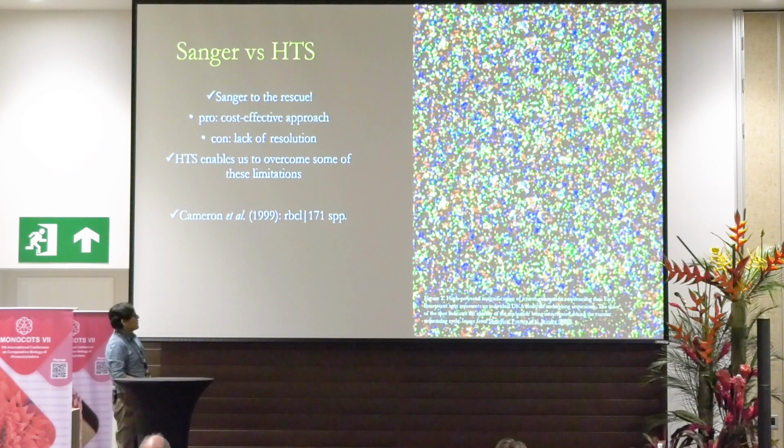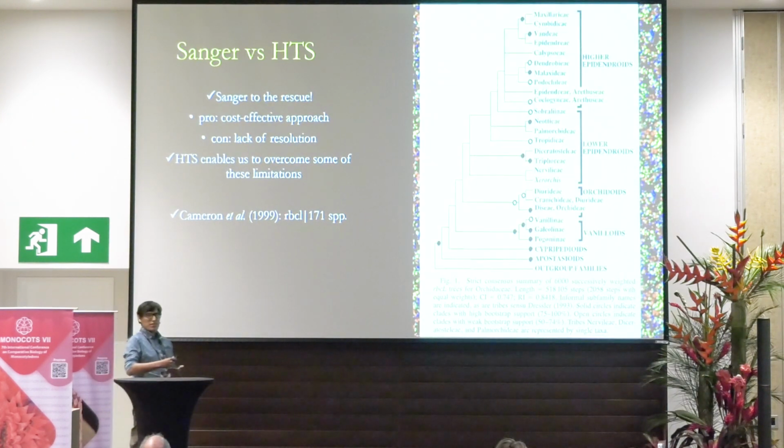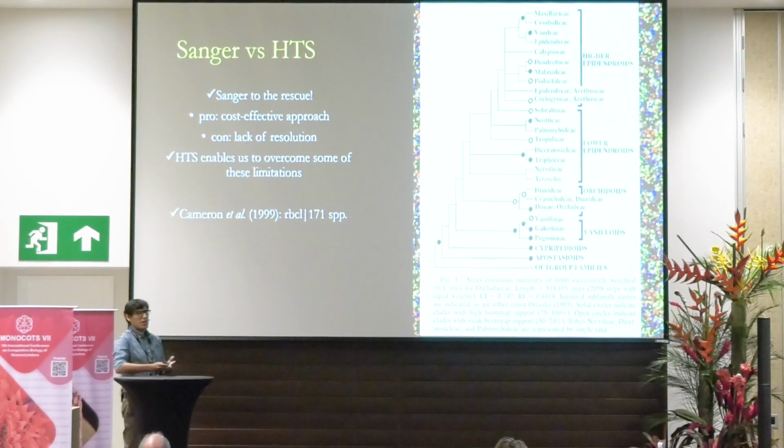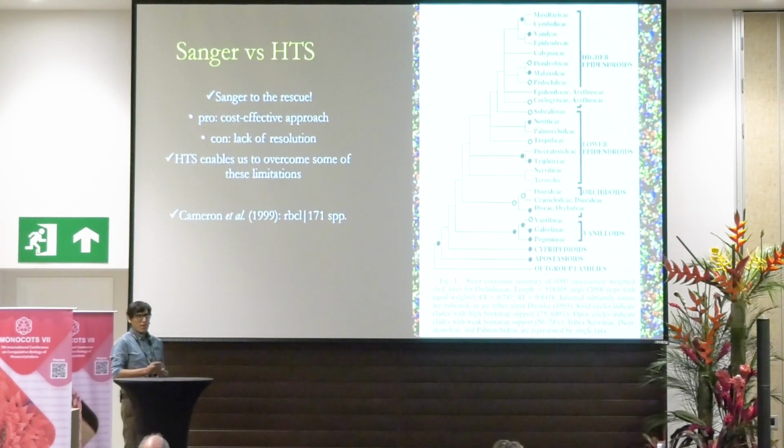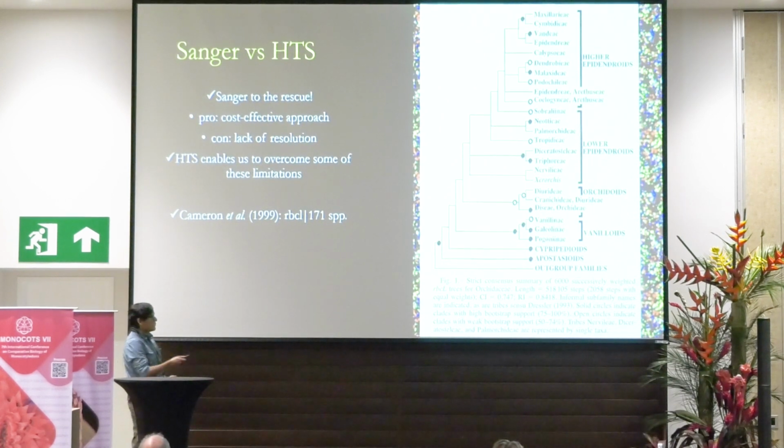Just to give you an example of how we have evolved in moving from Sanger sequencing to high-throughput sequencing methods, this is one of the first phylogenetic trees of orchids, published in 1999 by Kenneth Cameron, my advisor. In that work, he used rbcL loci and sampled close to 170 species.